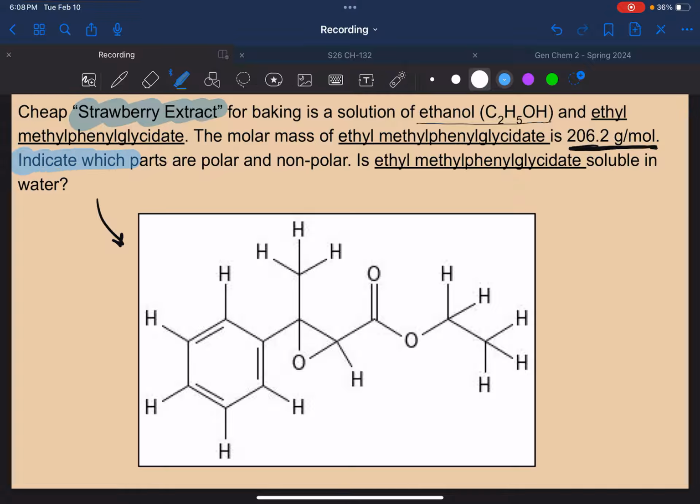So when I look at this molecule and I think about, well, is this polar or nonpolar? I see a couple things. I see oxygen, oxygen, oxygen. And I know that oxygen has a fairly high electronegativity, and I might expect to be able to draw some polar vectors here.